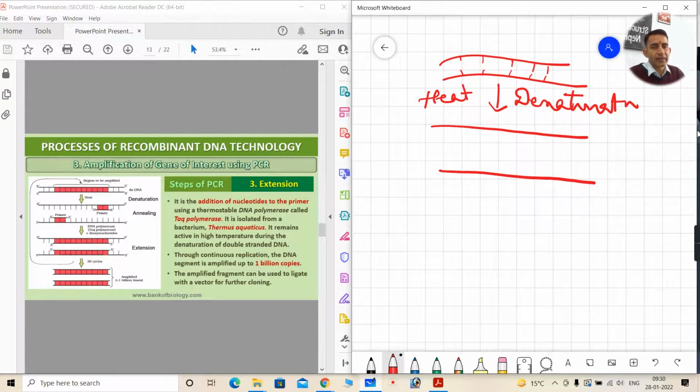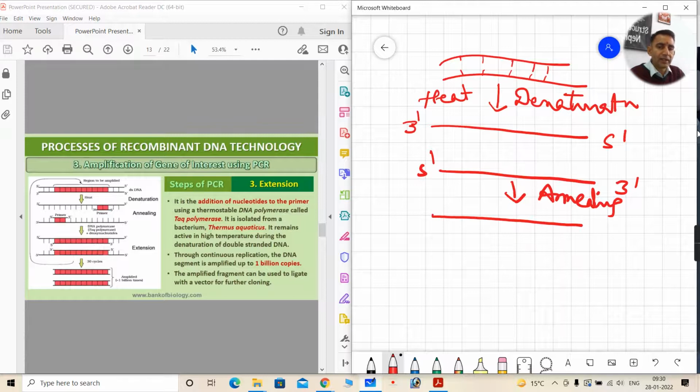These are our template strands, 3' end and 5' end, and this one 5' and 3'. Then the next process is annealing. In the annealing process, we are adding the primers on the 3' end of the template strand.